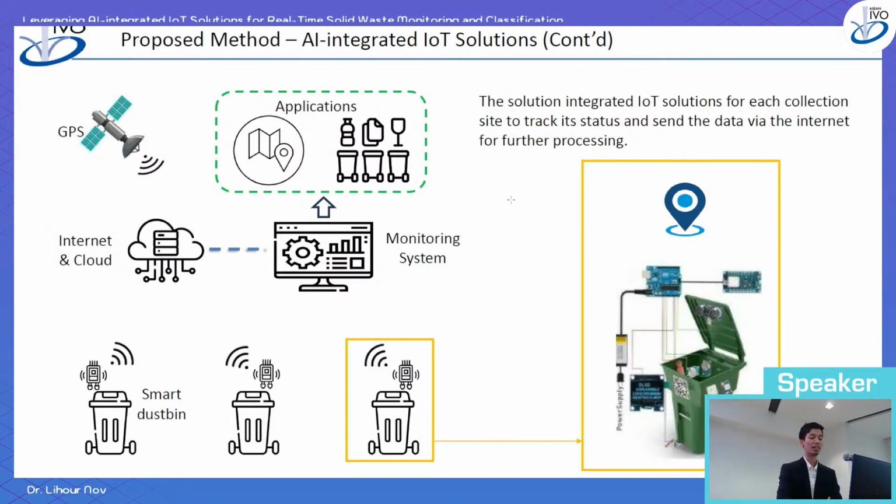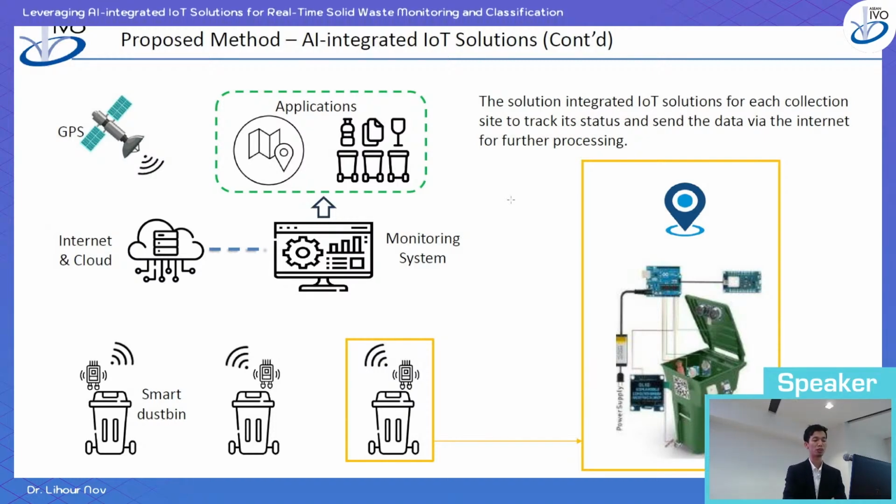The information should be transferred to the cloud, where it can be further processed for collection optimization and status monitoring. Another thing is that a GPS module will be embedded into the smart bin too, in order to track the location, and this will assist with waste collection route optimization.